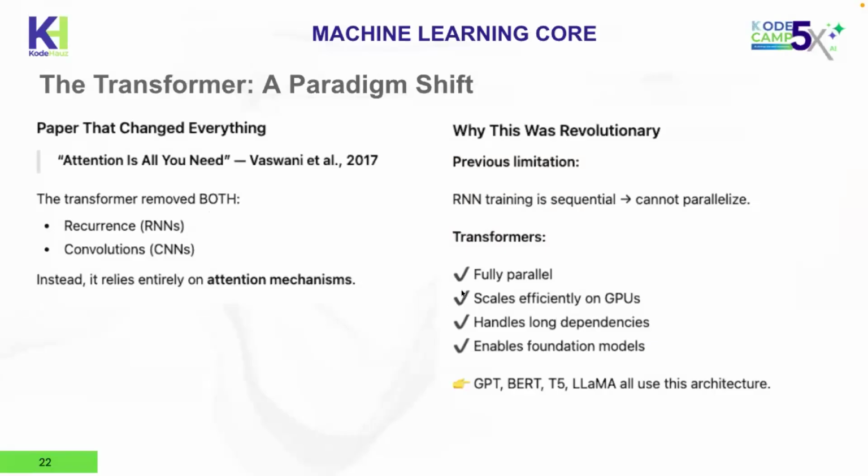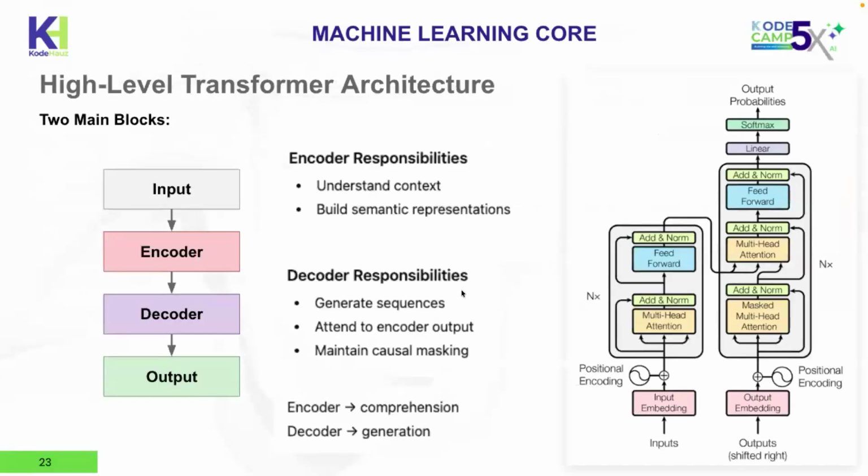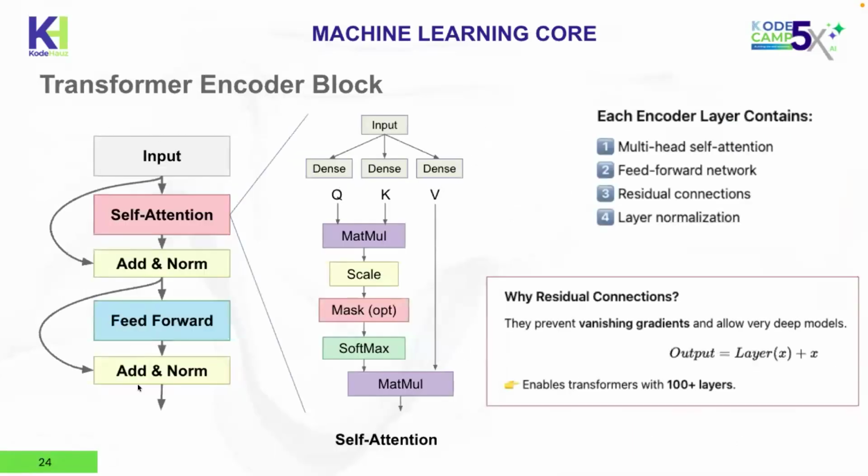So we are going to talk about that and we're going to look at the architecture, right, of it. It's still made up of encoder and decoder, right? Even though there are transformers that are only encoder, and there are even transformers that are only decoder, but it's still the same sequence model, still encoder decoder output. But you can see this is the architecture of encoder and decoder, and we're going to talk in detail about what each of these are, right?